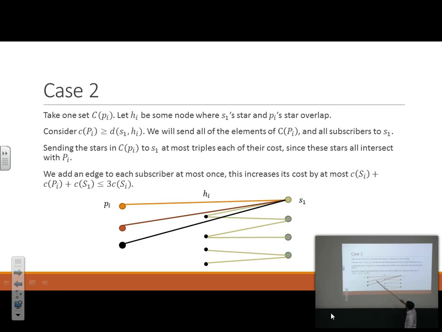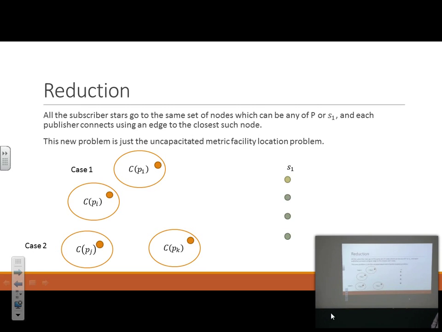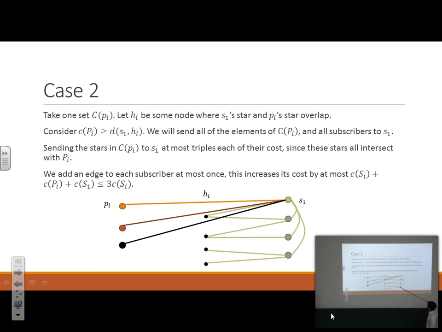So I can pay for the 3 hops that I made to get here just using 3 times my cost. And all of these guys can easily connect to S1 again via this PI. We know that they all meet PI somewhere, so it goes to PI, goes in through there, and comes back.